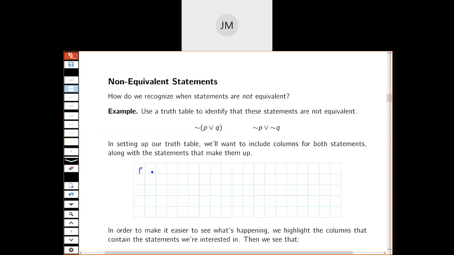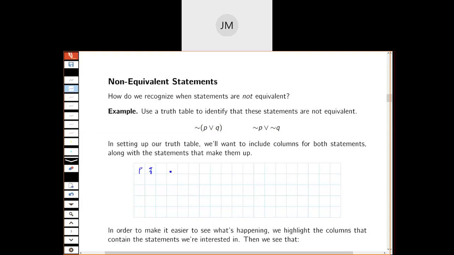So we're going to write P and Q. And then what we're going to do is we want to combine things to be able to get at these compound statements. And we want to combine things one step at a time. Okay. So if I want to create this left-hand one, I need to have a P or Q, and then in a later step, I'll throw a not on there.